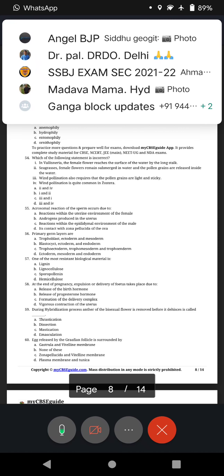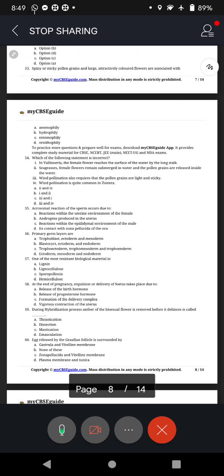Now we come to question number 54. Which of the following statements is incorrect? Here, Rakesh, incorrect. 1. In Vallisneria, that's a water plant, the female flower reaches the surface of the water by the long stalk.